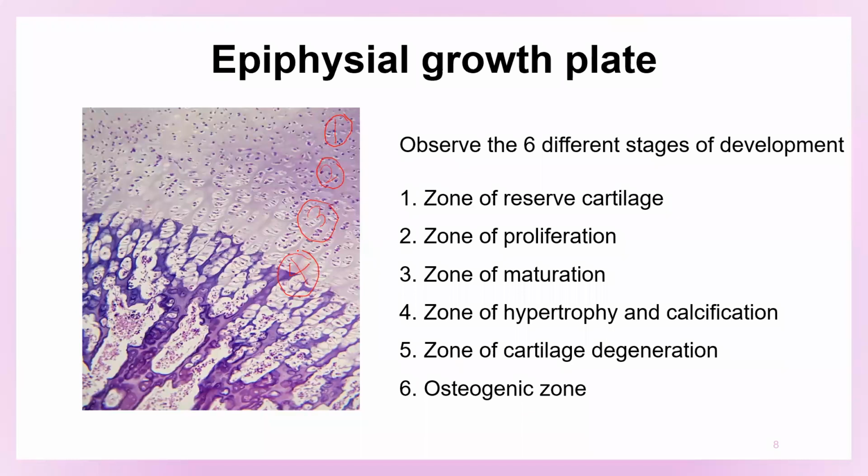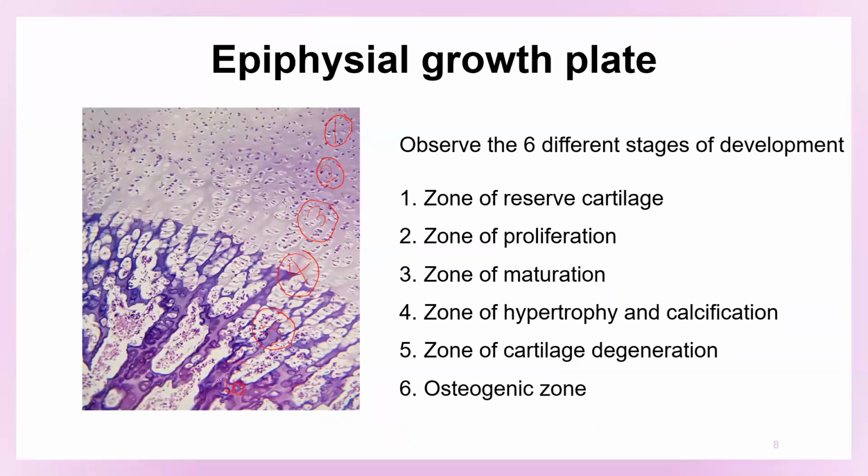Again, here the dark purple areas are the areas where there is calcium. The light purple, almost whitish area, is where you get the matrix proteins of the cartilage. And then here you can see cartilage degeneration because the matrix is calcified. The cartilage cells are dying here, and then finally you can see the bony areas here.